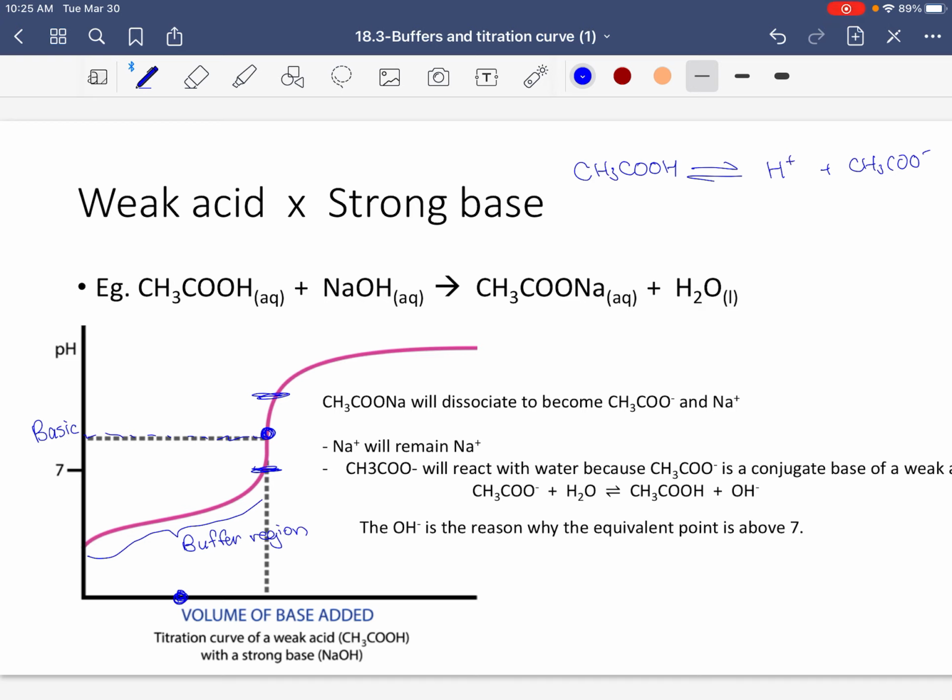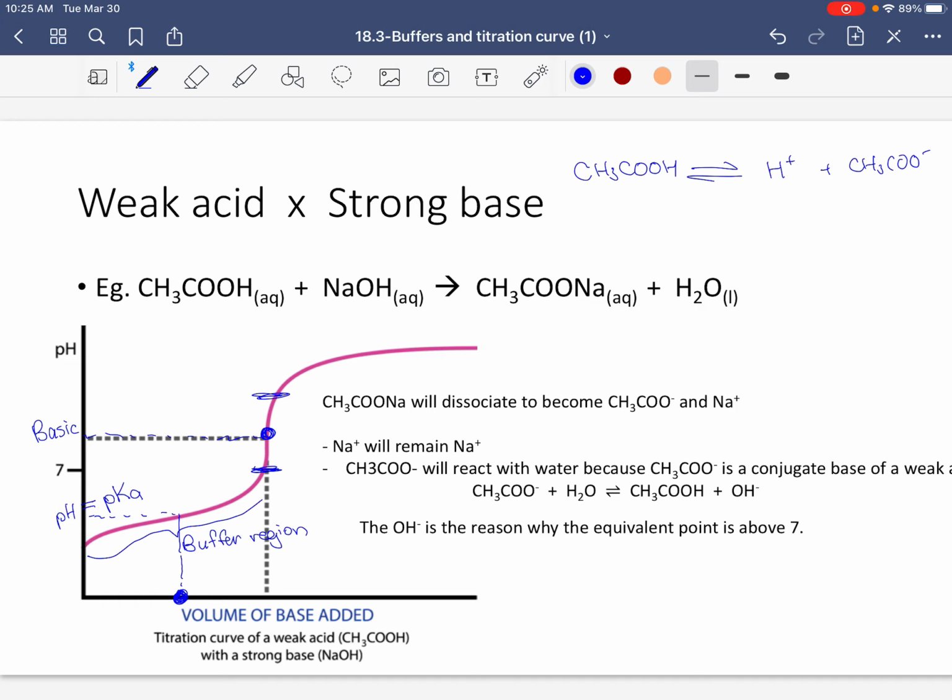This is known as the half equivalent point. At the half equivalent point, it has a certain pH. This pH is actually equal to what we call the pKa of your acetic acid.